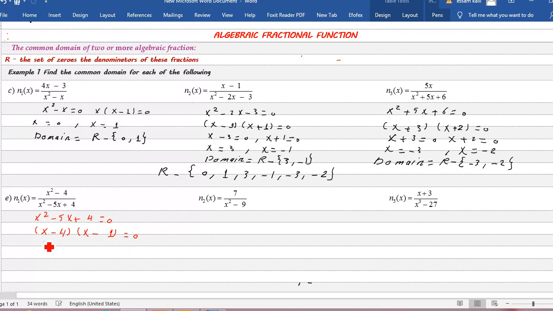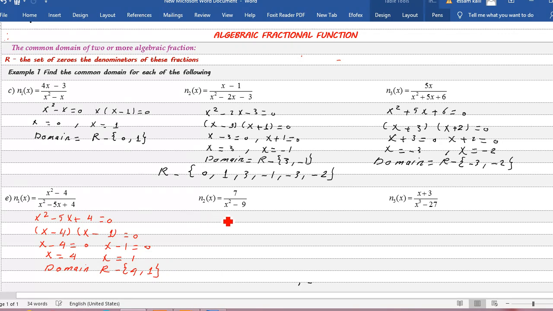Then the first bracket equals 0 and the second bracket equals 0. Move negative 4 to the other side, so x equals 4, and move negative 1 to the other side, becomes 1. So the denominator equals r difference 4, 1.